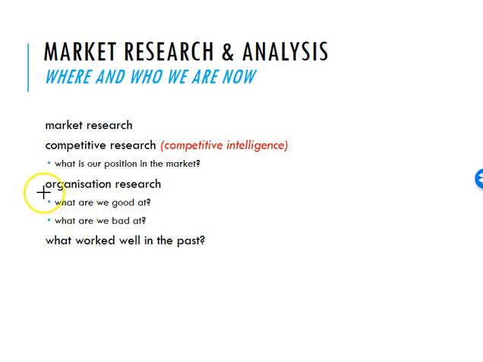But in terms of organizational research, that is looking at internally, what are we good at and what are we bad at? And this should immediately remind you of concepts in traditional introductory business courses called SWOT. So strengths, weaknesses, opportunities, and threats. Strengths and weaknesses are internal, opportunities and threats are external to the organization.